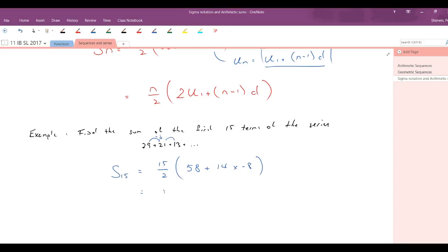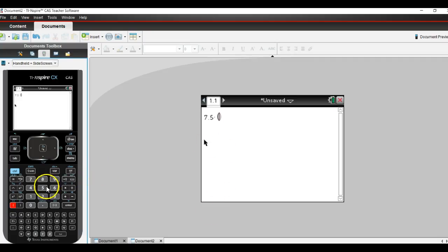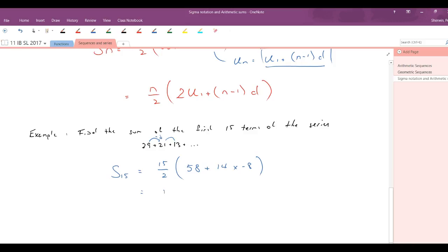Right, I've got the calculator out. 7.5 times, and I put in 58 plus 14 times minus 8, minus 8 was my common difference. Hit enter. Minus 405 is our sum, with a minus out the front there. There's our sum of 15 terms.